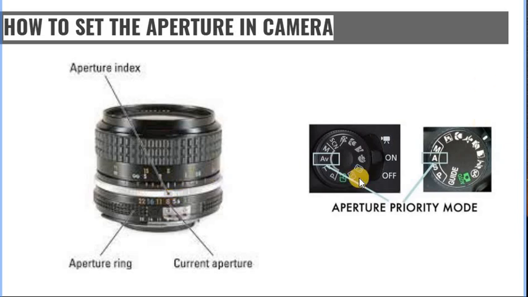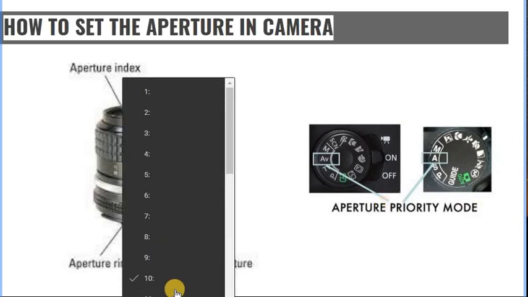Or sometimes, kadalasan kasi ngayon, ang ginagamit nila is itong aperture priority mode. Nakikita niyo ba yung MASP? M is manual mode. Iba yung auto mode sa A. Yung A stands for aperture priority. Same with this AV. Aperture priority mode yan. Okay, next.